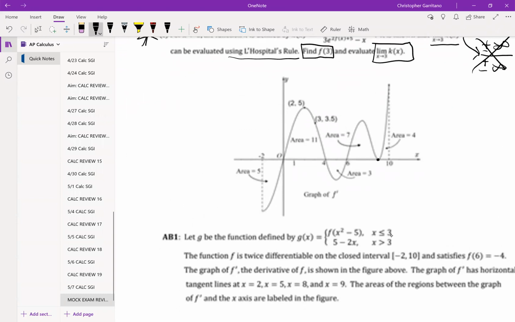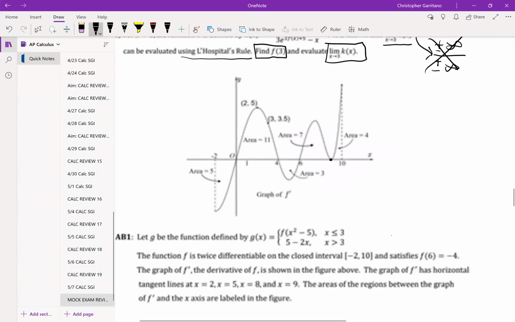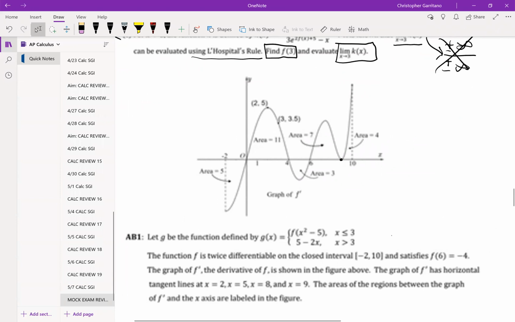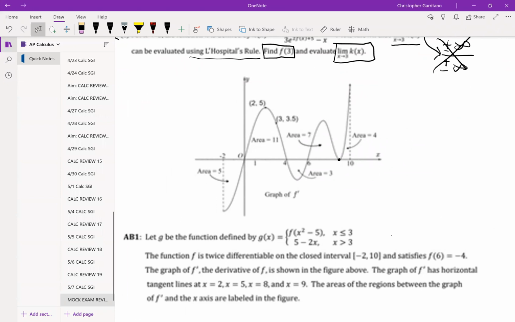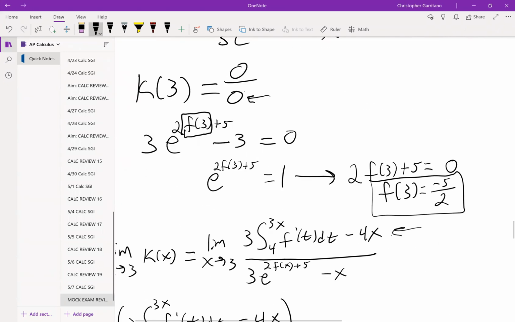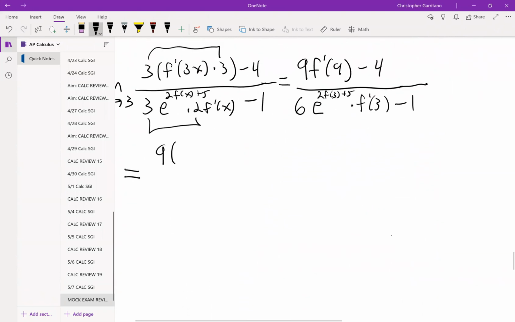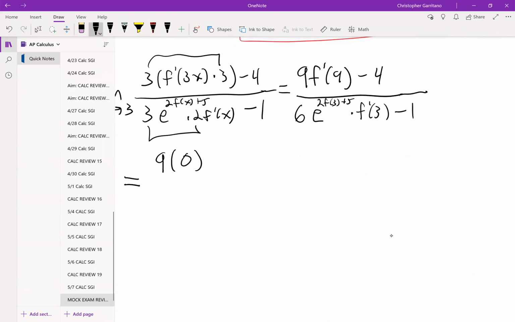We were actually told, actually, I guess we're not really told that explicitly, but I think it's pretty clear to see that when x equals 9, f prime of 9 is equal to 0. So we have 9 times 0 minus 4 in that numerator.